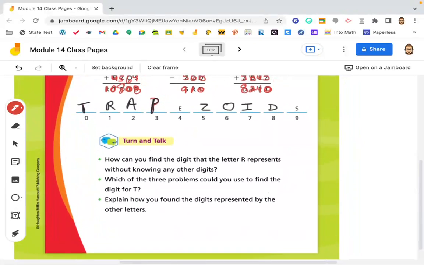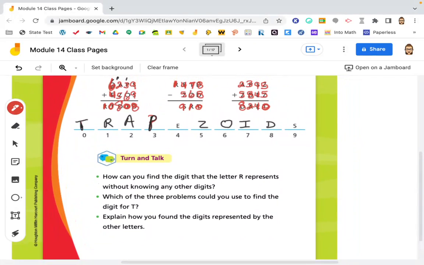So it says, how can you find the digit that the letter R represents without knowing any other digits? Well, we kind of talked about it.